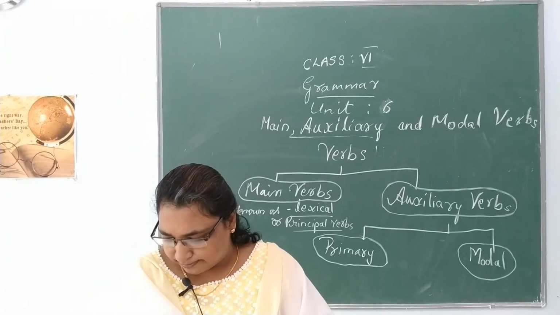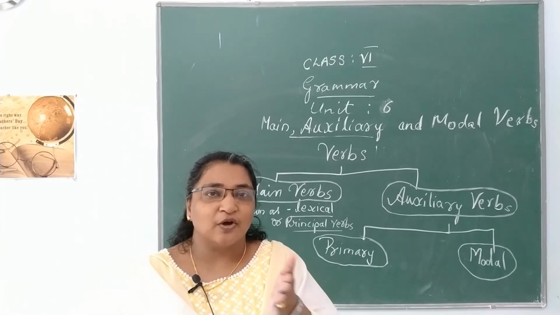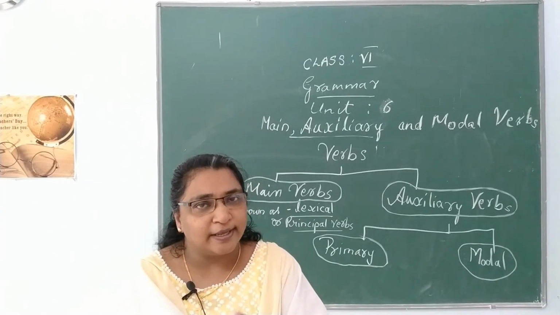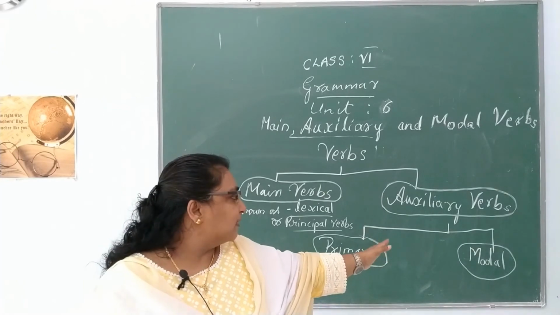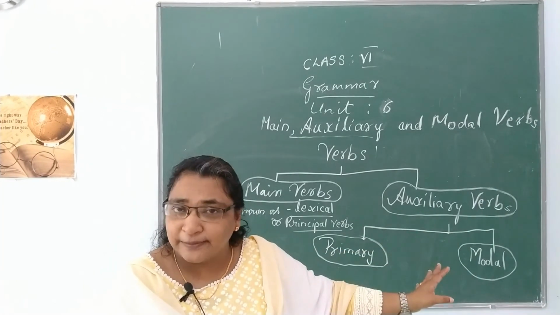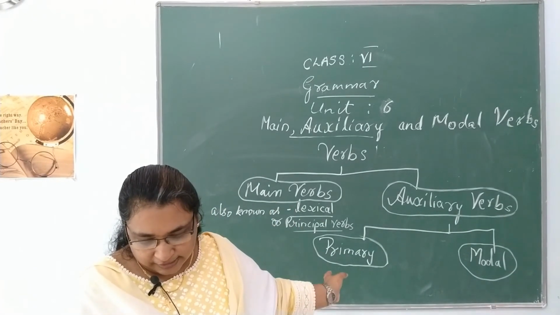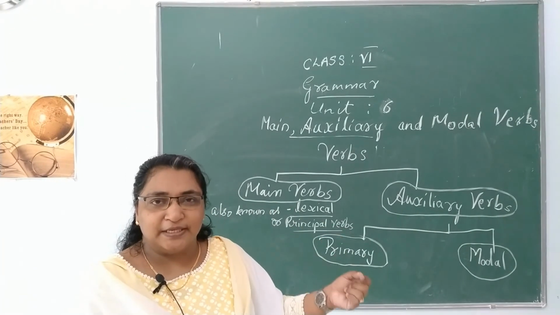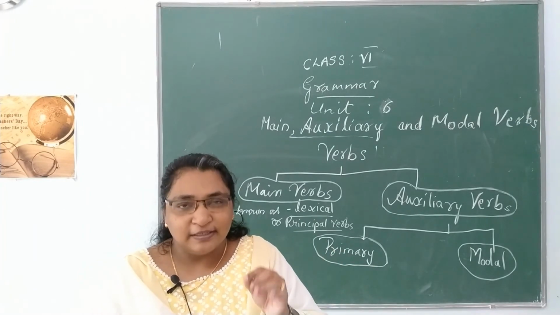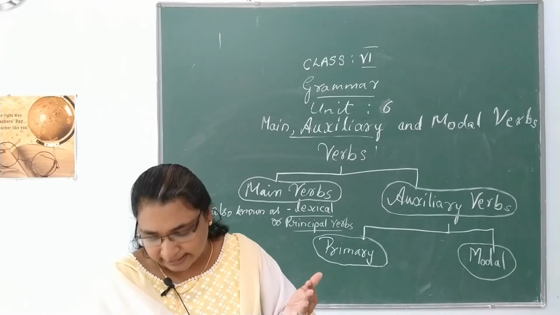The next one is may, might or could. I am talking about modal auxiliary verbs. Primary we have only a few words, that is have, be, do. So this is may, might or could. Let me once more explain that.